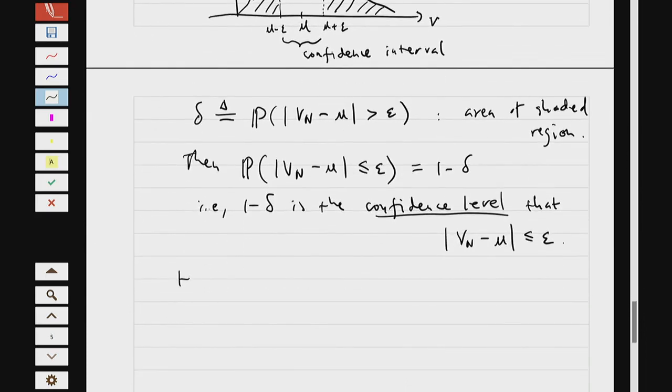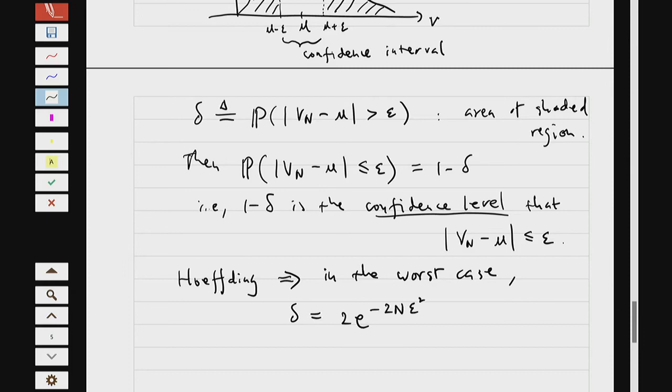The Hoeffding bound gives us that in the worst case, delta is equal to 2e to the minus 2m epsilon squared.